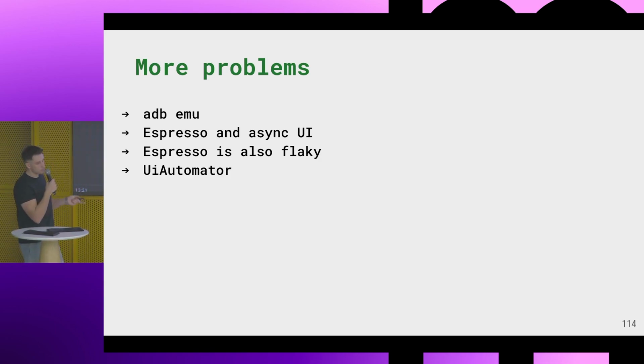Also, it works badly with asynchronous things because for each action, for each click, it waits up to 10 seconds for a 500 millisecond window when there will be no messages in the main thread. So it makes your tests very slow, and in some cases, for example, some animations or video playback, it may just freeze forever or fail your tests.